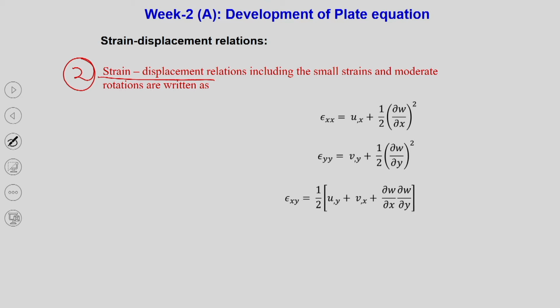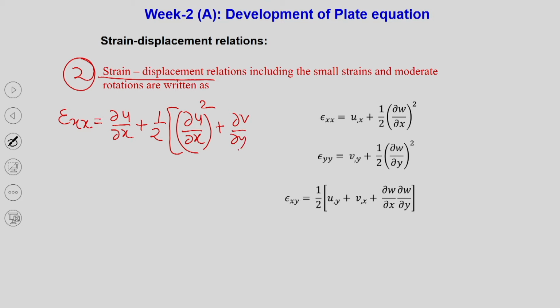So, I would like to write the full expression of epsilon xx: it will be del u by del x plus half del u by del x whole square plus del v by del y whole square plus del w by del x whole square.